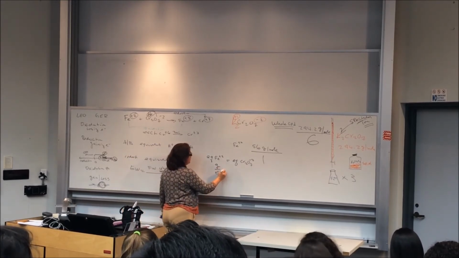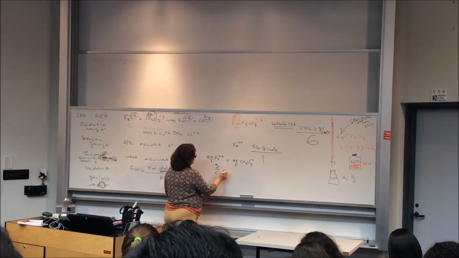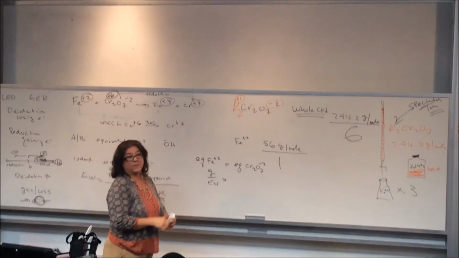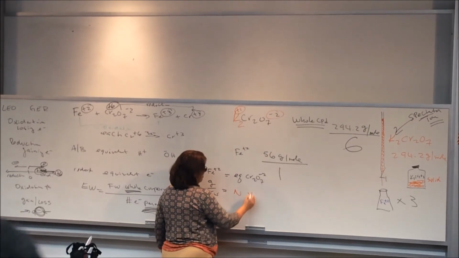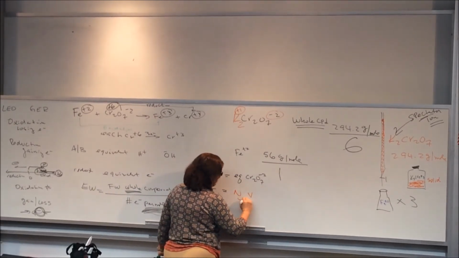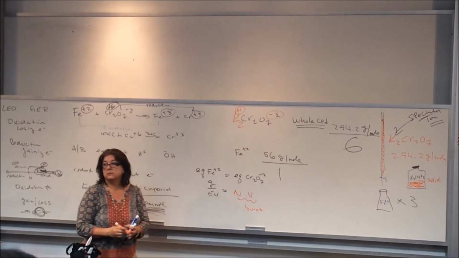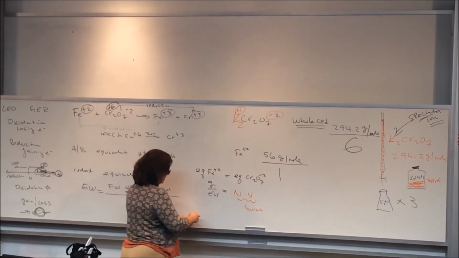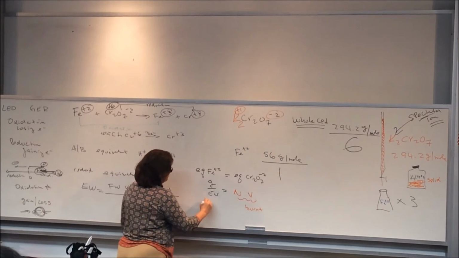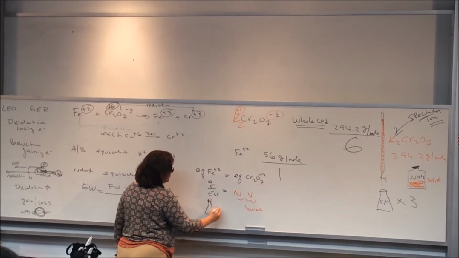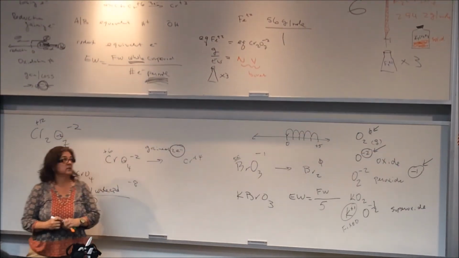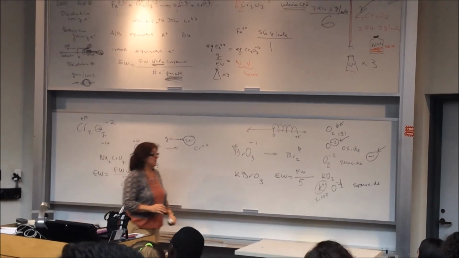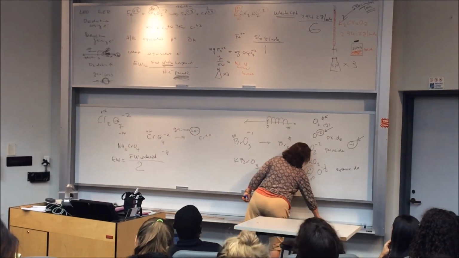Grams over equivalent weight equals normality times volume. Because this part is in the burette, that's that orange stuff, and this is what you're analyzing. This is the pre-titration of your iron sample. Those are the 3 titrations of your iron sample. Everything else is business as usual.